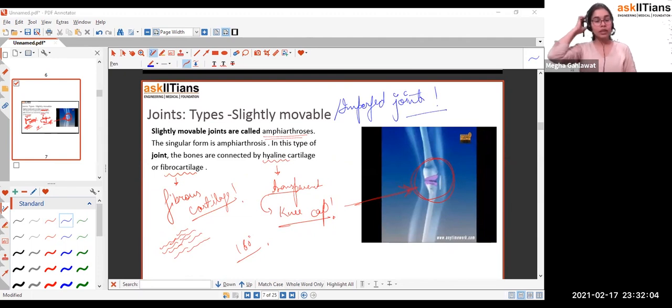These have a layer of cartilage, always limited amount of movement, always, and the flexibility that is there is only because of the presence of the cartilage. In the case of the kneecap, we have the hyaline cartilage or the fibrous cartilage.